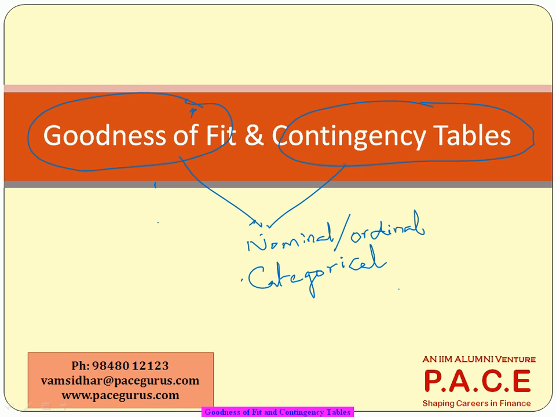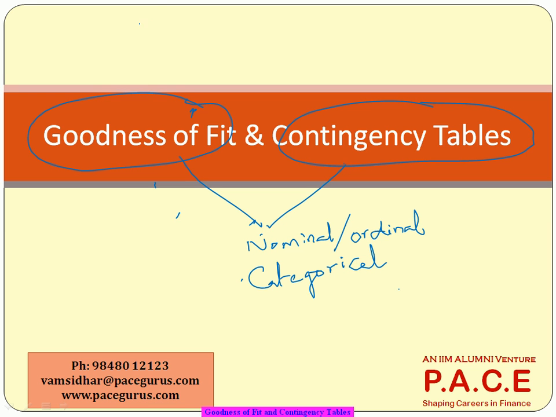So the variables we would like to analyze should be categorical in nature. They should be the names. They should not be numbers like heights, weights. They should be names like gender, male, female. Response to a question, yes, no.